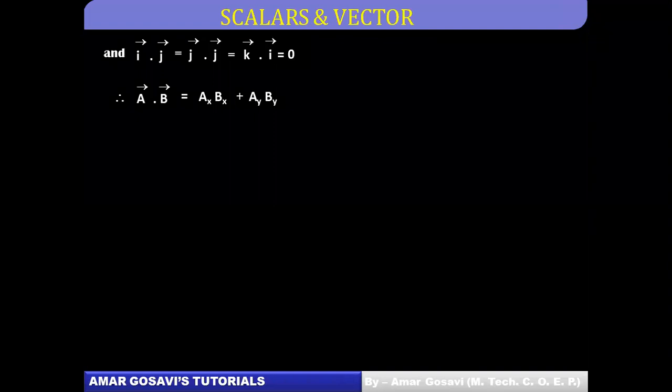Second row you will get the term as ay by multiplied by 1, and third row az bz multiplied by 1. So in a way, if you want to take a dot product of two vectors, you can just do it this way. a bar dot b bar will be ax multiplied by bx plus ay multiplied by by plus az multiplied by bz. So we have proved a formula where we can take a dot product of two vectors. Please make a note of it.